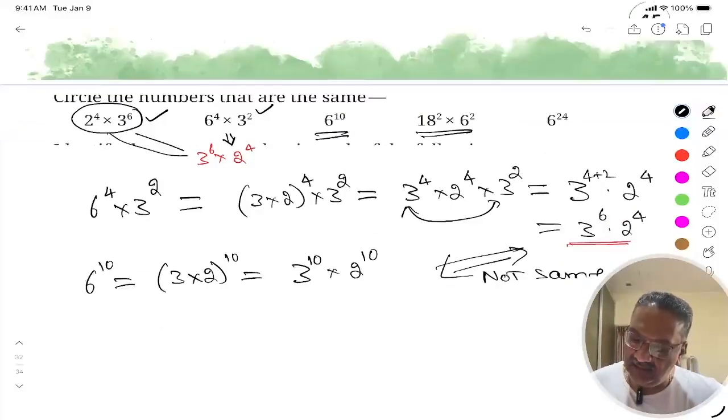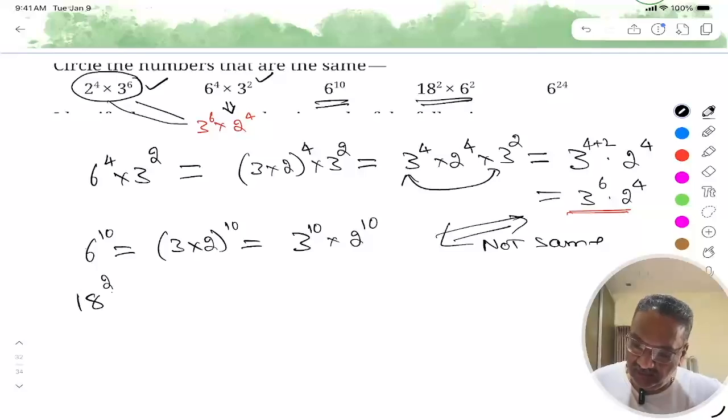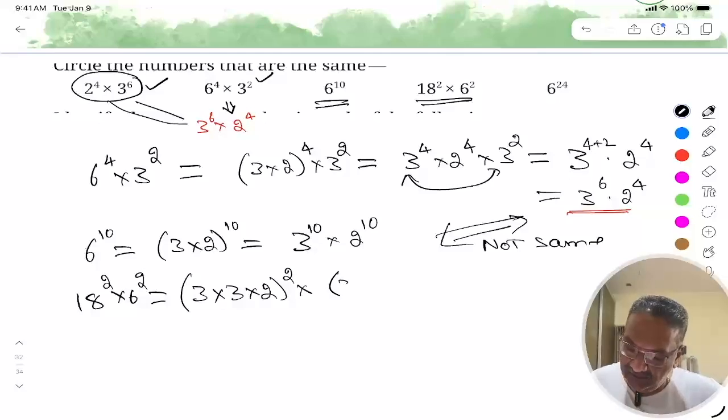Now let us take this number. 18 square into 6 square. 18 can be written as 3 into 3, 3 3s are 9, into 2 to the power of 2, and 6 can be written as 3 into 2 to the power of 2. Correct? So this further will become 3 square into 3 square into 2 square into 3 square into 2 square.